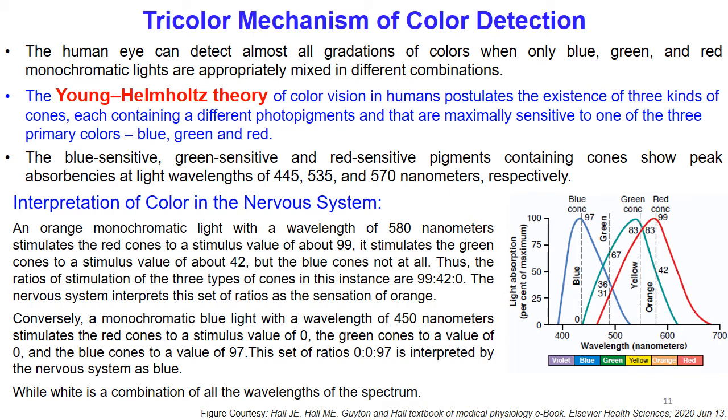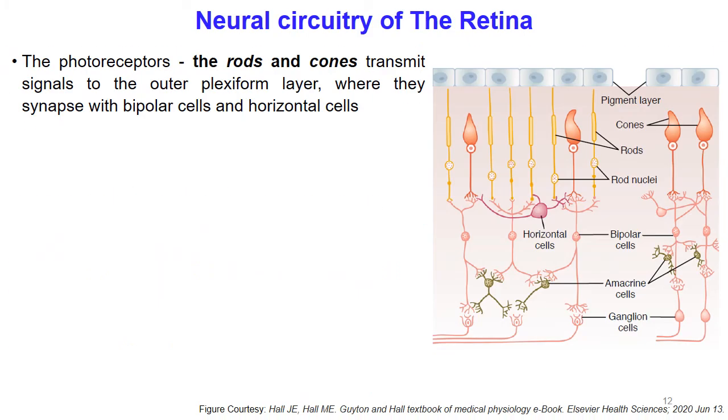Now, coming back to the previous concept of phototransduction, where light energy is converted to biochemical signals in the retina by neural circuitry, the photoreceptors, the rods and the cones, transmit signals to the outer plexiform layer, where they synapse with bipolar cells and horizontal cells.